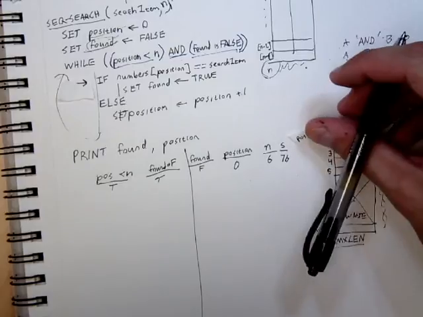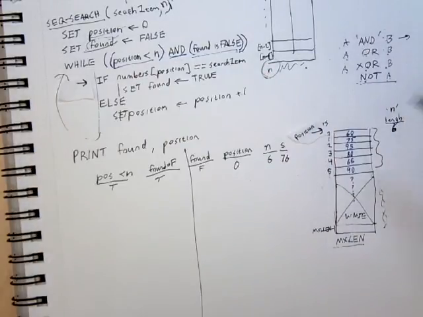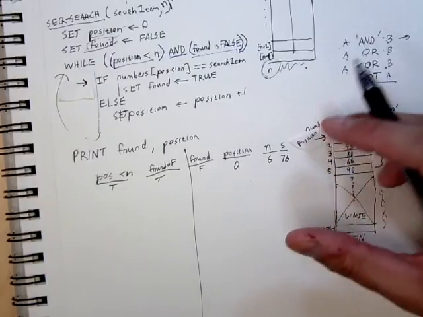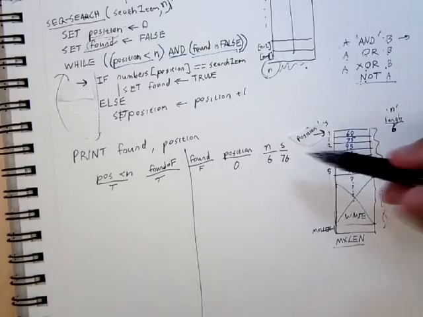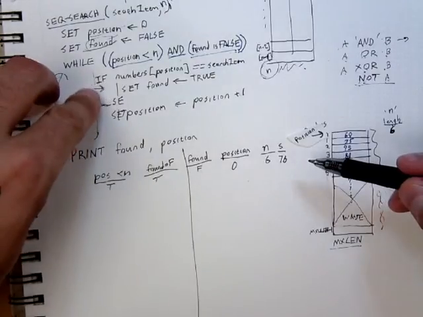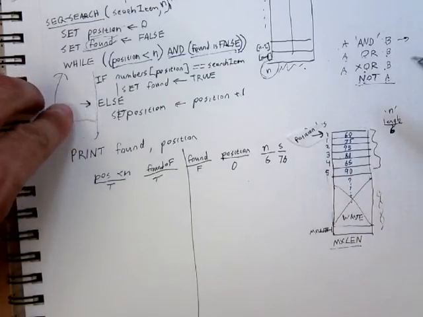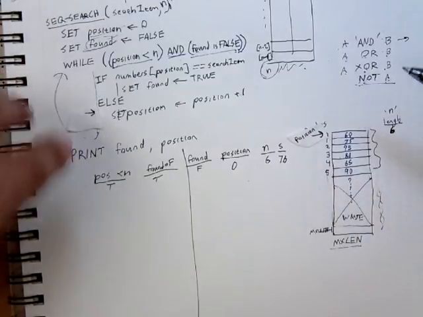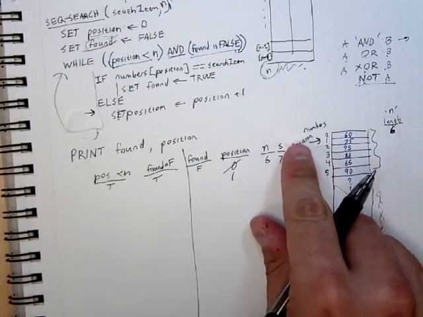Our position is 0. In numbers, position is 60, and is 60 equal to 76? No. So we don't do that. Only if that was true would we do this. It's not true, so we're going to come down here to the else. And what that is, we set position equal to position plus 1. So position becomes equal to 1, which is down here.